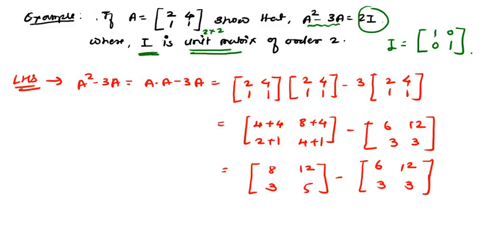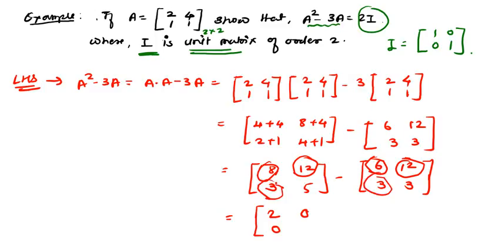Now subtracting. 8 minus 6 is what? 2. Then 12 minus 12 will be 0. Then 3 minus this 3 will be 0. Then 5 minus this 3 will be 2.